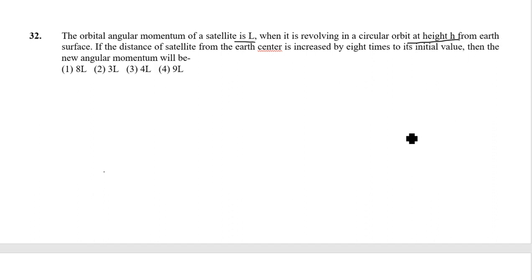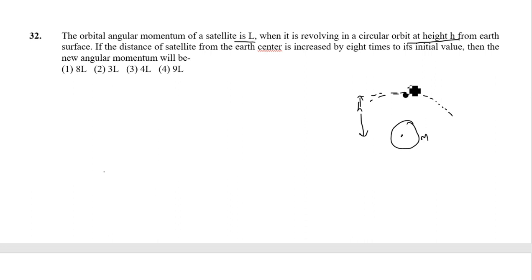That means if this is our Earth and this is its center, and the satellite is moving around this point, the distance h is from the center of Earth to the satellite. Let capital M be the mass of the Earth and small m be the mass of the satellite.